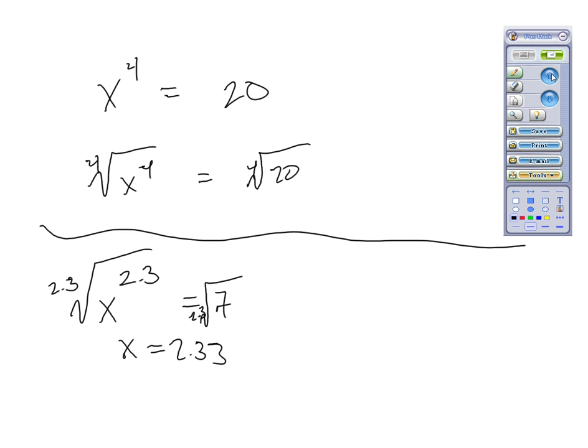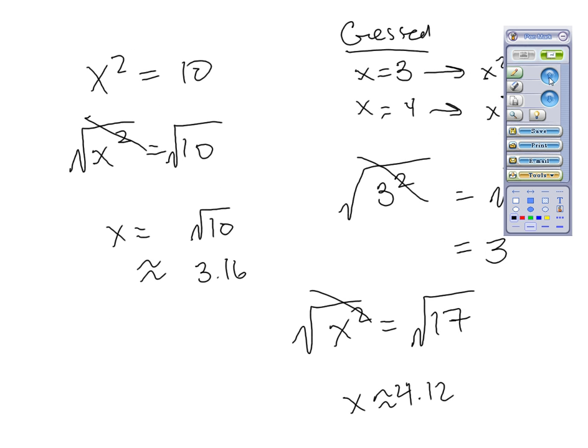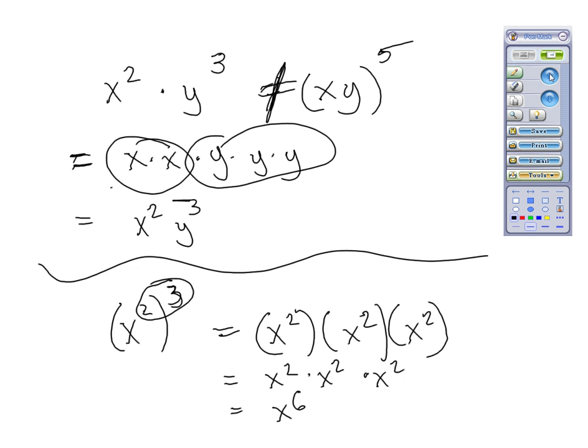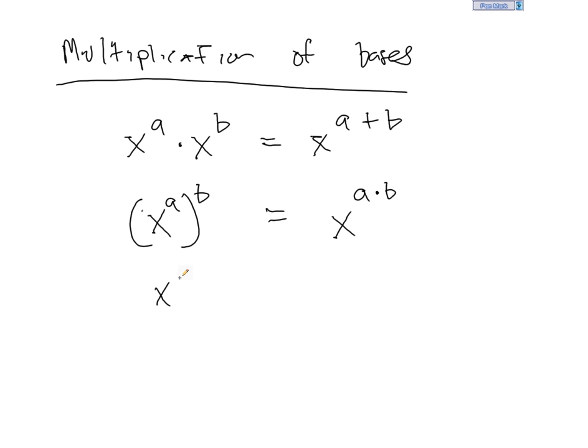And as one last rule, I will also write that if we take x to the a over x to the b, we get x to the a minus b. Similarly, x to the negative a is equal to 1 over x to the positive a.